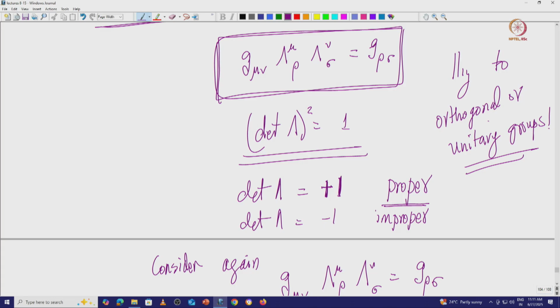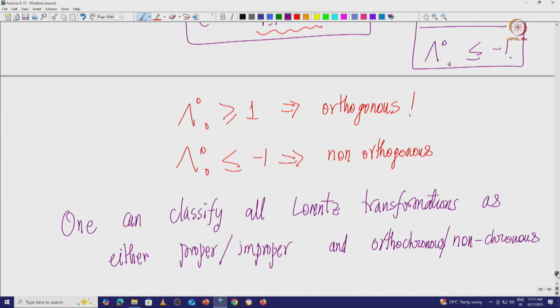And as we have seen essentially, the first element lambda 0 0 also should be positive, because for boosts and everything it's very important that it should be positive, because you want to always deform from unity. The first diagonal element of the unit matrix should always be unity. That is the reason lambda 0 0 should always be 1.